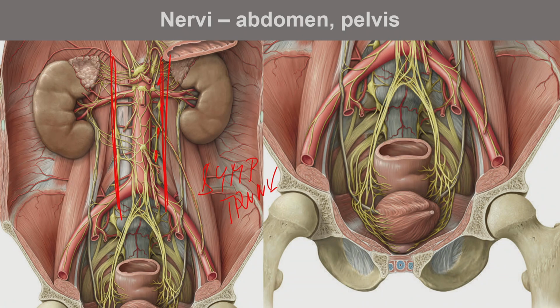They are called paravertebral. Then we have a system in the middle, copying the system of unpaired arteries, which is called prevertebral, or also preaortic ganglia.